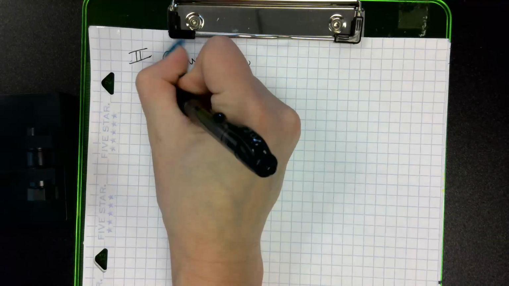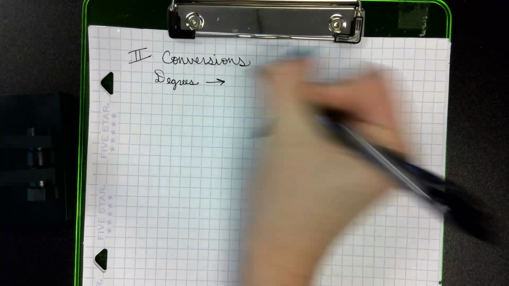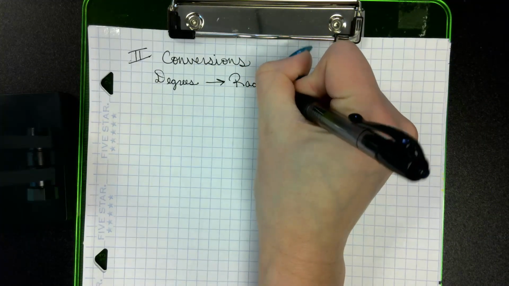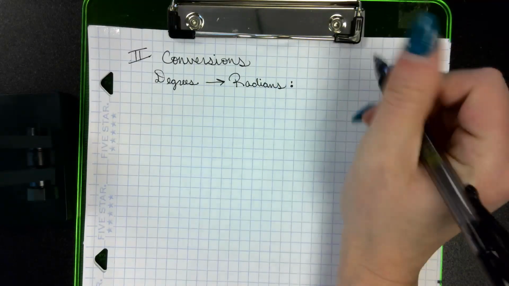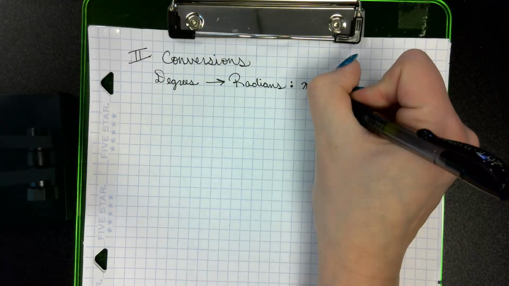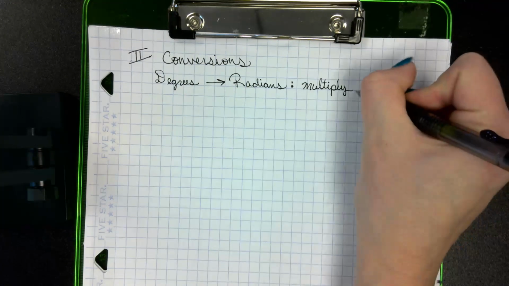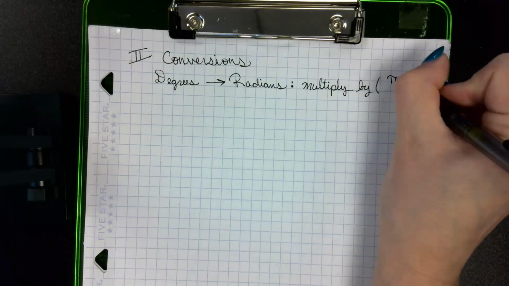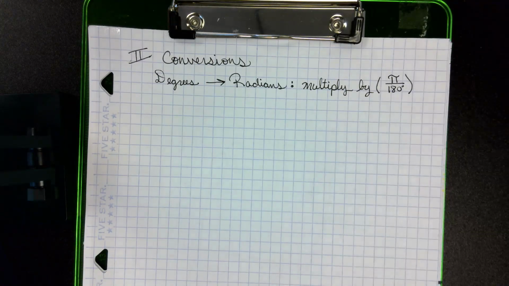So if you're given an angle in degrees and you're told to turn it into radians, then you can use this conversion factor and multiply by pi over 180 degrees.